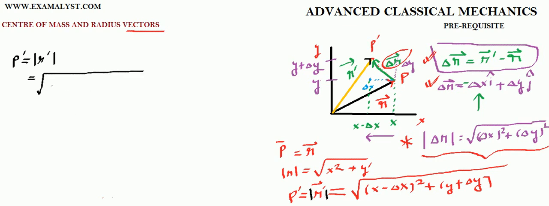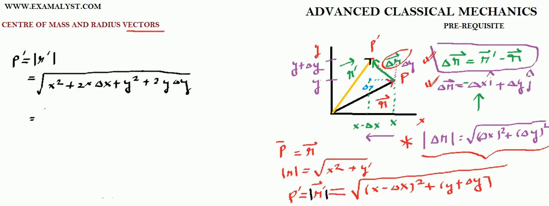So you will get an x square and you'll get a 2x delta x, and you'll get a delta x square which can be ignored because it's very small. Second, you'll get a y square and you get a 2y delta y. Agreed? So now if you look at this formulation clearly, you'll find something interesting.